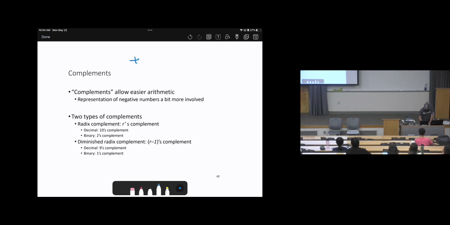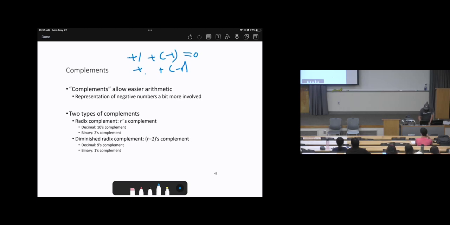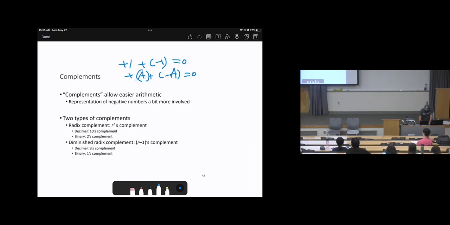Let me say positive 1 plus negative 1 equals 0, right? Or positive A plus negative A will be 0. So we can replace negative A by its complement. Like we can say A plus A bar, right?